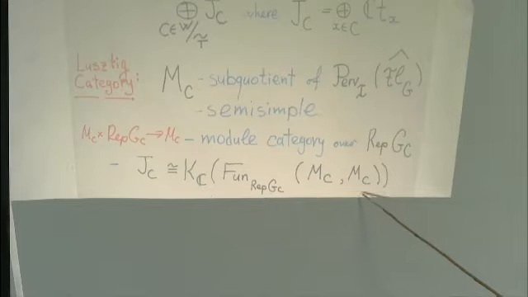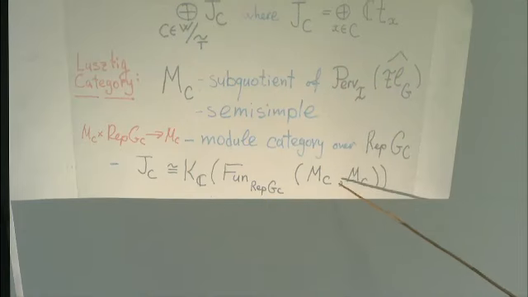And the way it remembers is you have to take endofunctors of M_C, which are not just functors but which commute with this action of the category Rep(G^vee). So these are module endofunctors. You can compose them and you can add them, so you can take a direct sum of two functors.